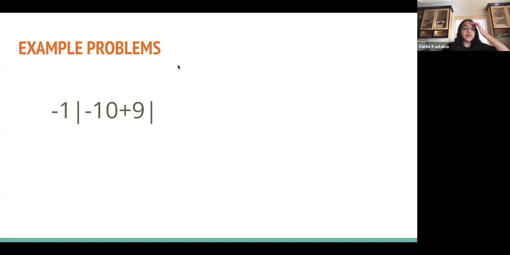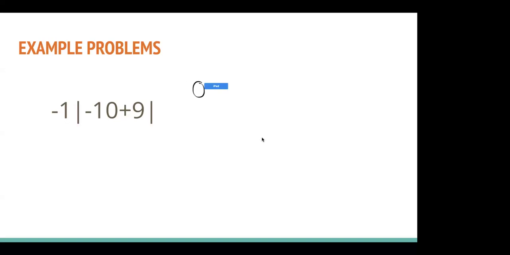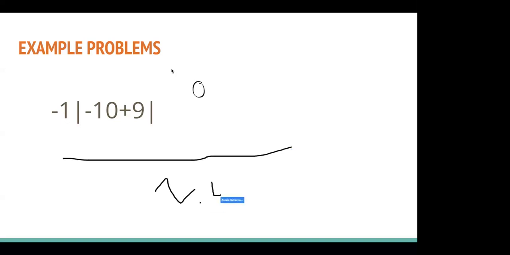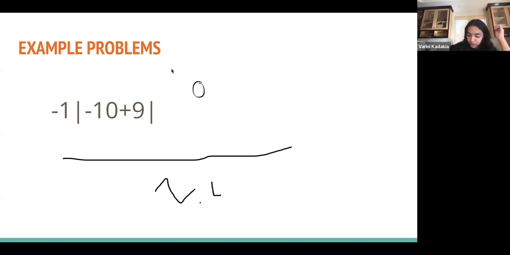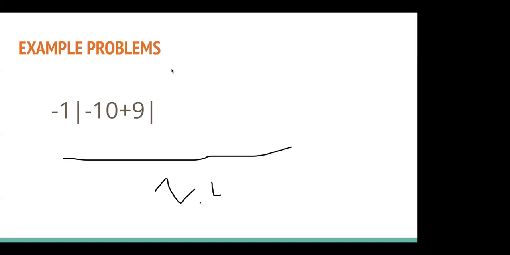Okay, I think we're all a little confused on how to do negative 10 plus 9. So negative 10 plus 9 is, let's say you have a number line with 0 in the middle.